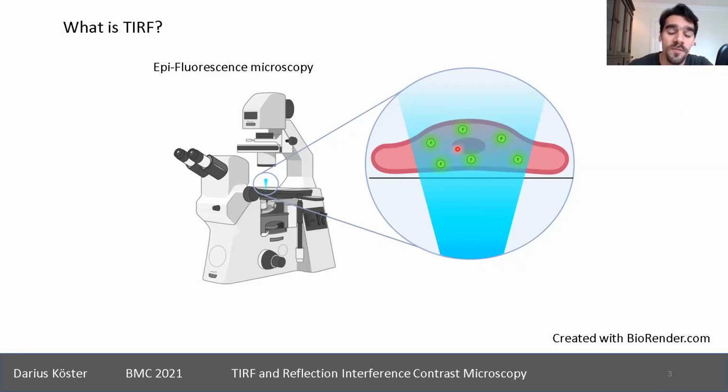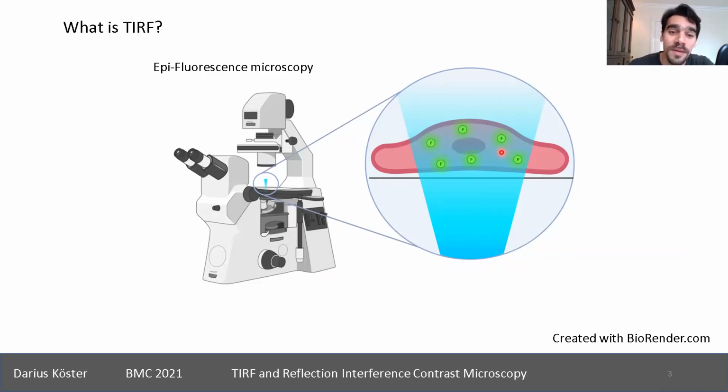So you have very limited information, very limited sectioning power. Then there are techniques like confocal microscopy, which are good to slice out a particular section of the cell and get the signal just from that area.